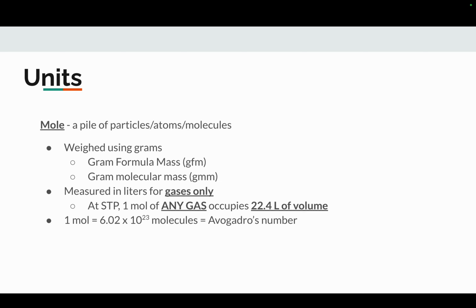Now, a mole, it's a representation of a pile of particles or atoms or molecules. This difference you should remember from taking Regents chemistry. Now, a mole of a certain substance can be weighed, its mass can be weighed through grams usually, and two terms that you're going to see pretty commonly are gram formula mass and gram molecular mass.